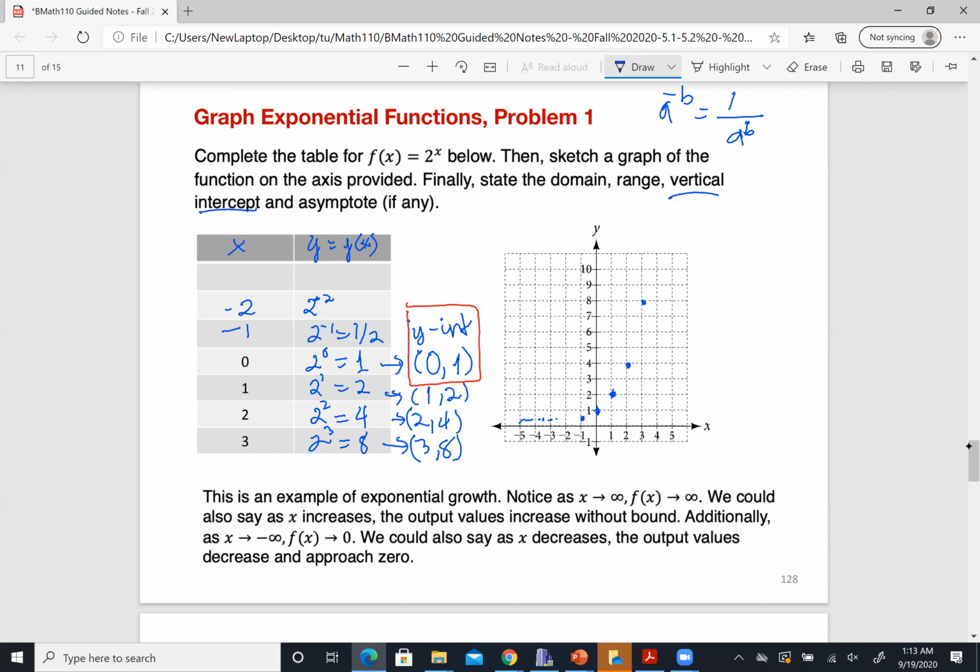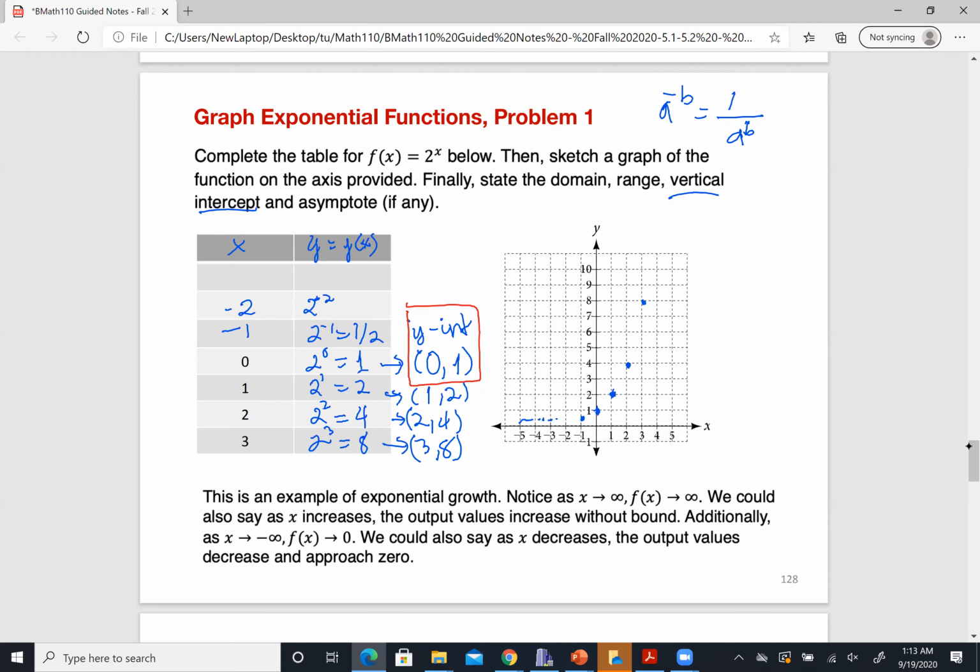Okay, so the negative power will never give you a negative number, because it's just gonna give you a reciprocal of a to the power b.